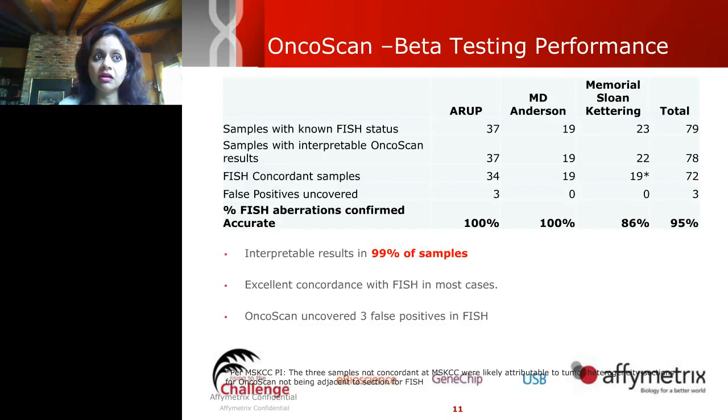And because OncoScan is a whole genome product, we were able to see both the centromere region and the HER2 and able to determine that this was not, in fact, a true amplification of HER2. And this is the reason why MDL and other labs have one use case of OncoScan, which is around validating calls where there is a discrepancy between FISH as well as IHC expression in these cases.